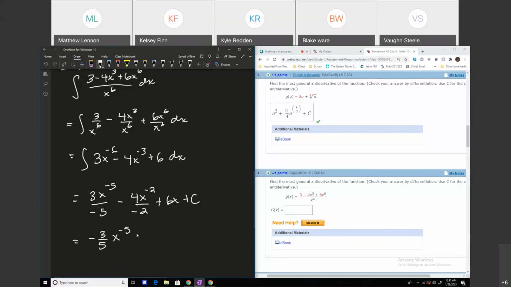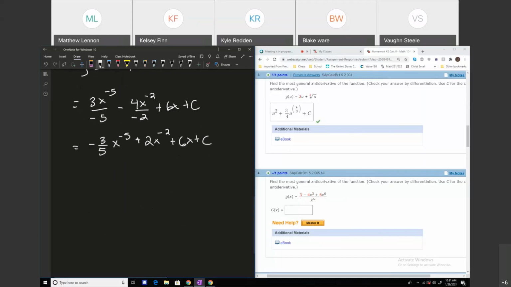And then the two negatives here would make this a plus 2x to the negative 2 plus 6x plus a constant. So my guess is they're going to want the answer like this, 3 over 5 x to the fifth plus 2 over x squared plus 6x plus c.